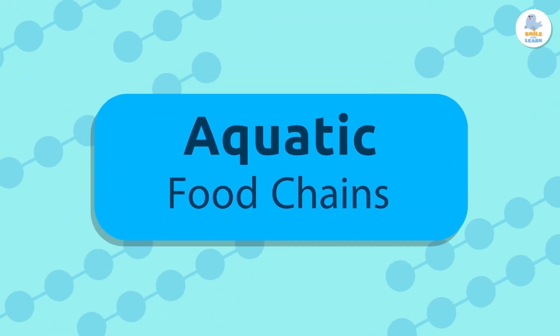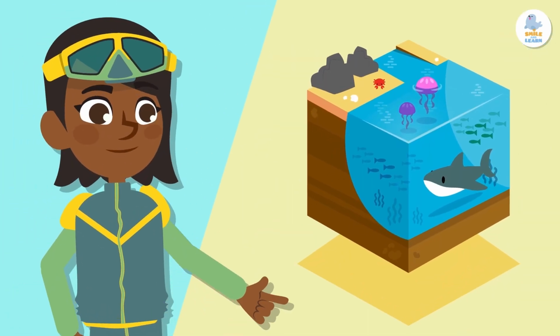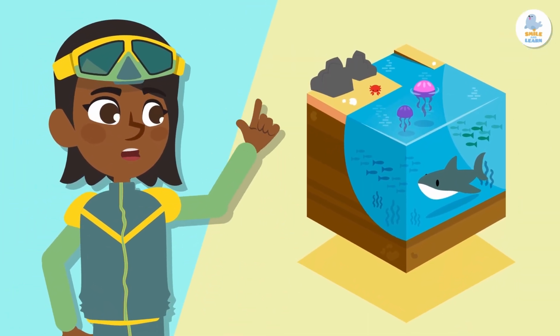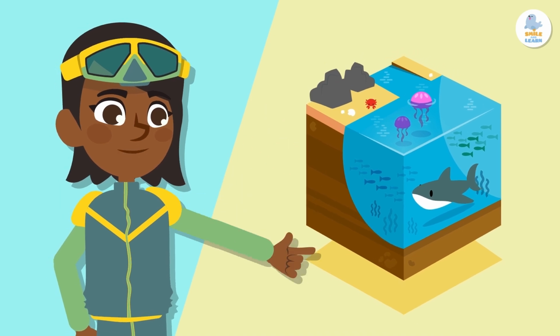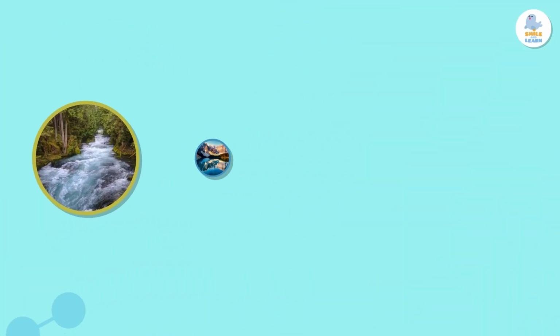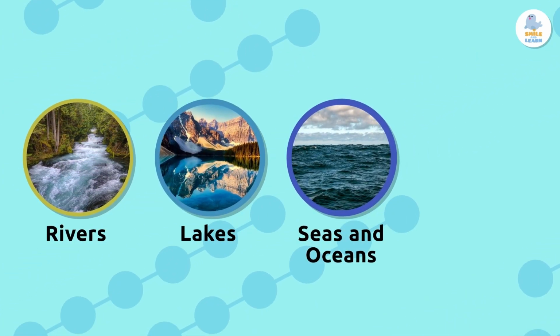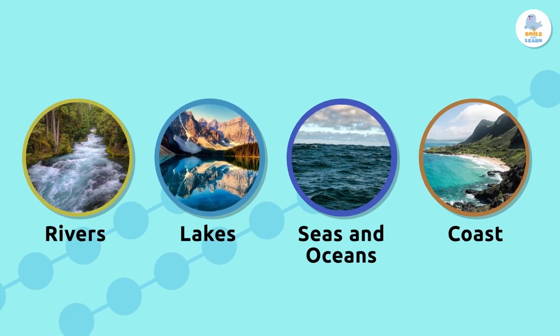Aquatic food chains. Aquatic food chains occur both in and near water. They happen in rivers, lakes, seas, and oceans, but also along the coast.